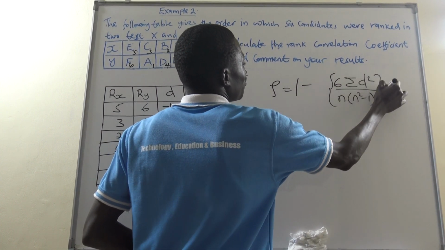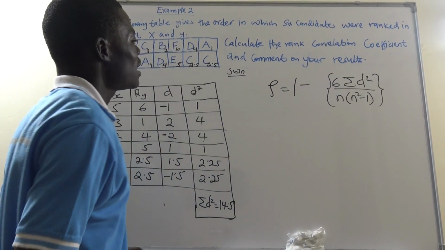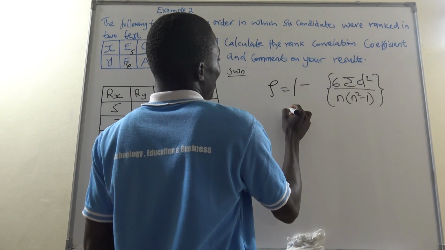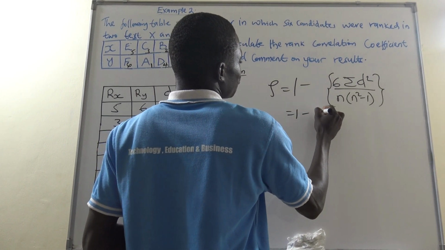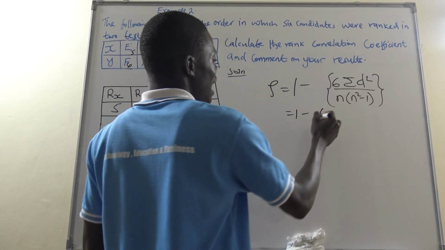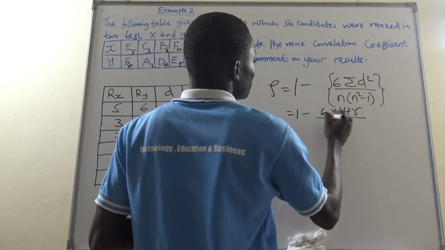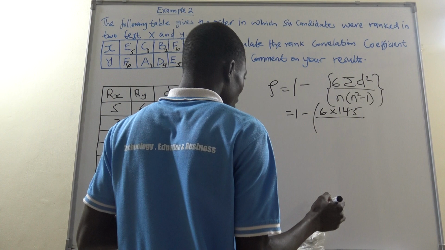So we get 1 minus 6 times 14.5, the summation of d squared, divided by n.